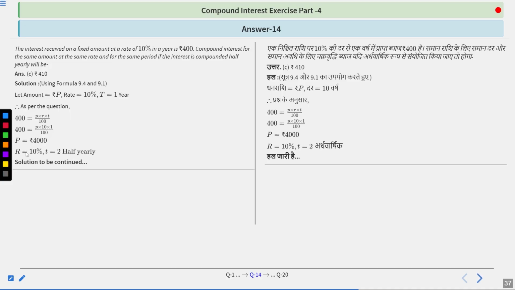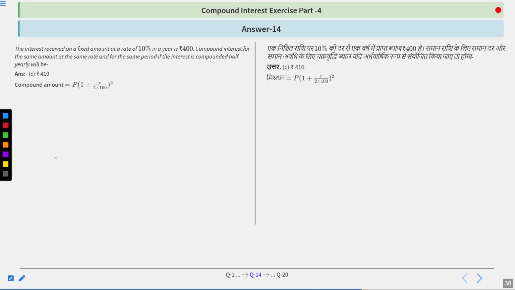Rate is 10%, time is 2 half years, because if the interest is compounded half yearly, then it is going to have 2 half years. Therefore, using the formula for compound interest when the interest is compounded half yearly, P into (1 plus R upon 2 into 100) whole square. We have put R upon 2 in place of R because the interest is compounded half yearly, so the rate of interest is also going to be half.